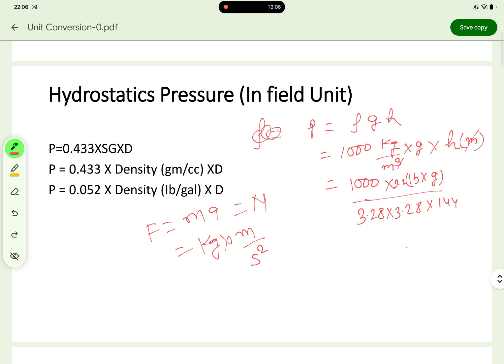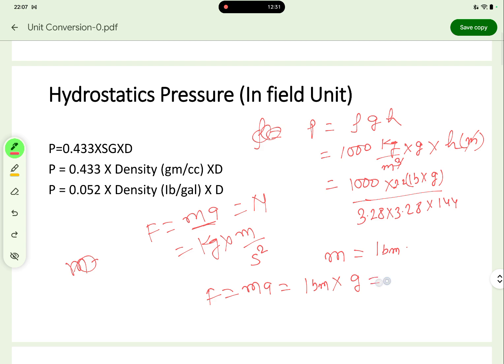Pounds. There is a relation, right? Mass can be written as lbm. And if you want to write this F is equal to ma formula, in this case this is the lbm multiplied with the z.